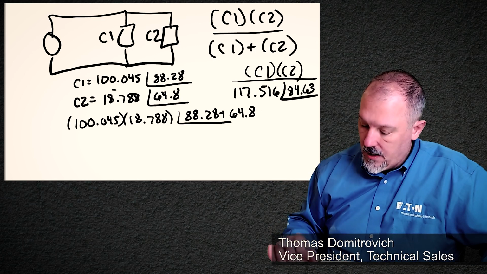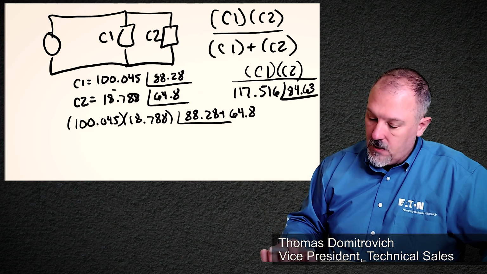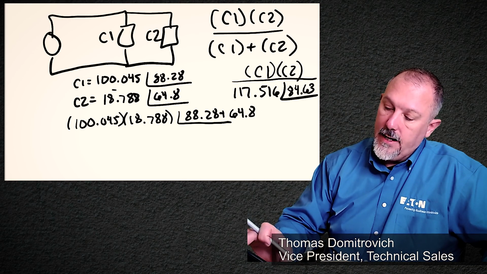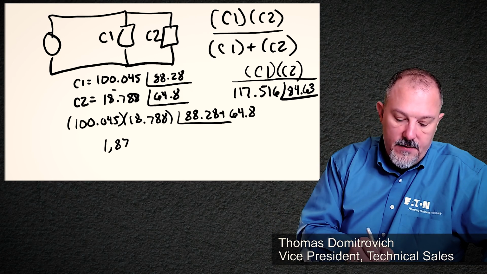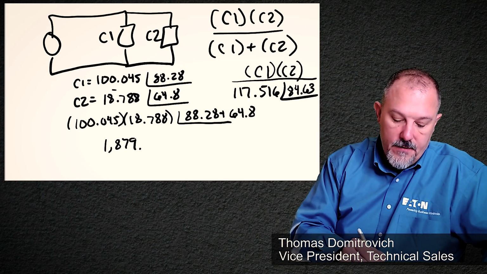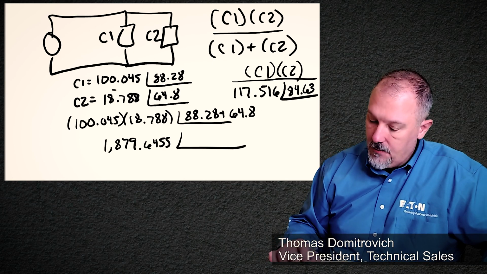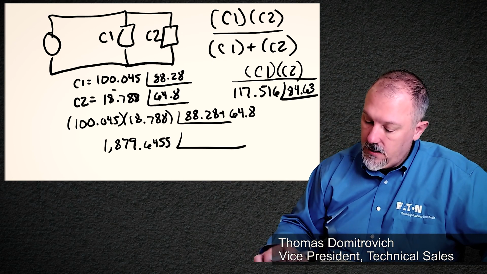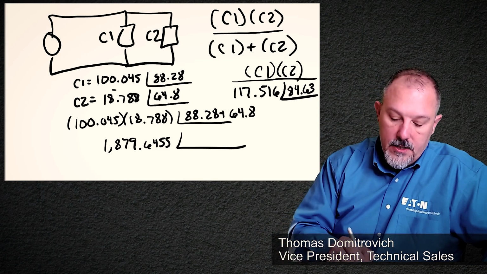So 100.045 times 18.788 is 1,879.6455 at an angle of 88.28 plus 64.8, 153.08 degrees.